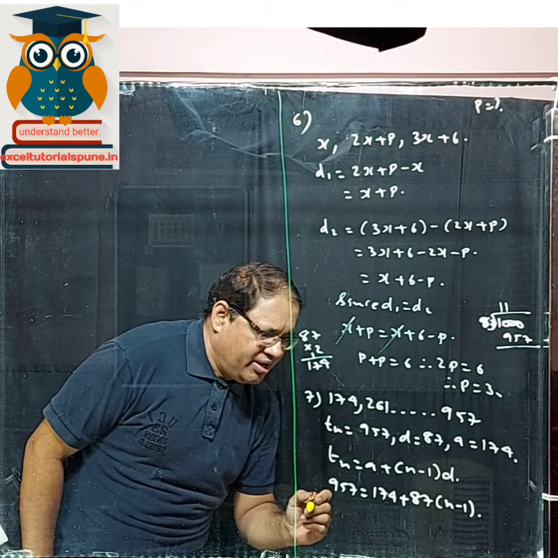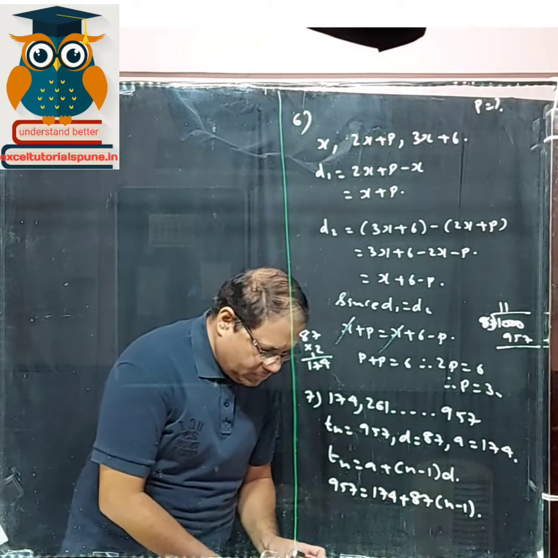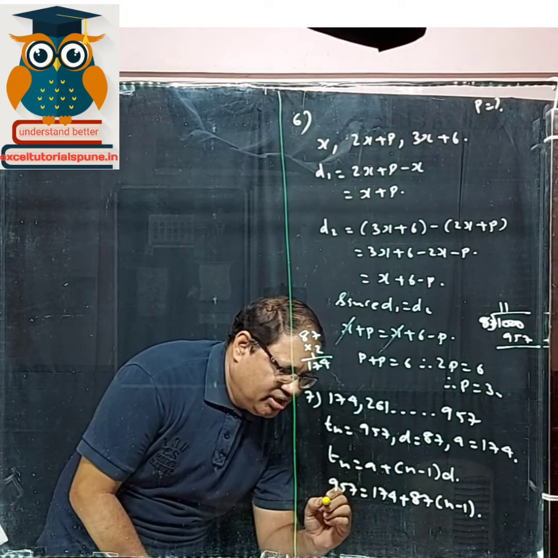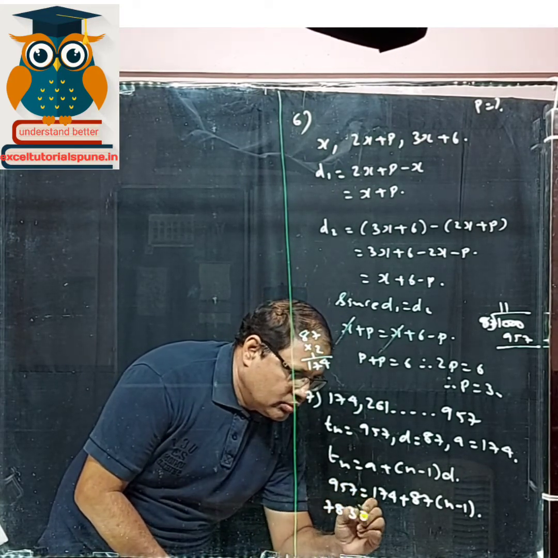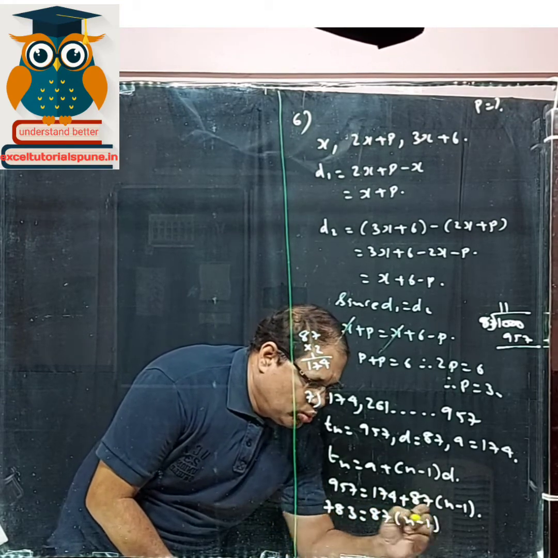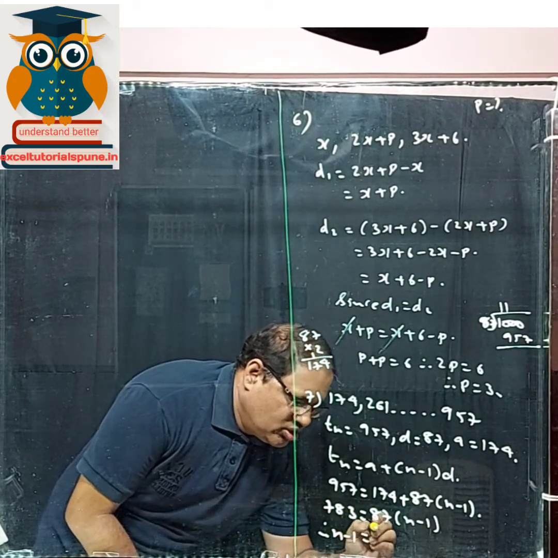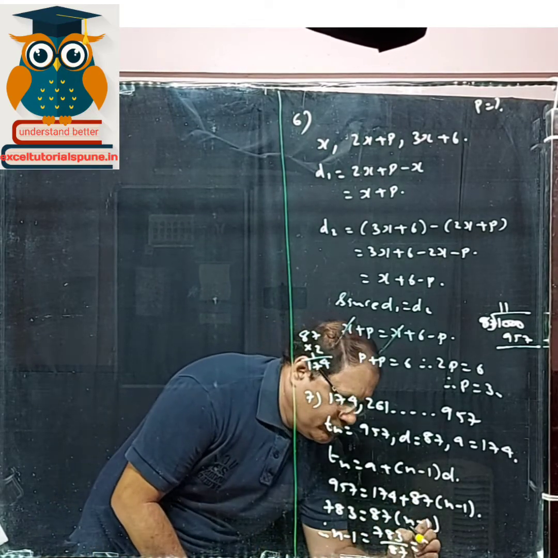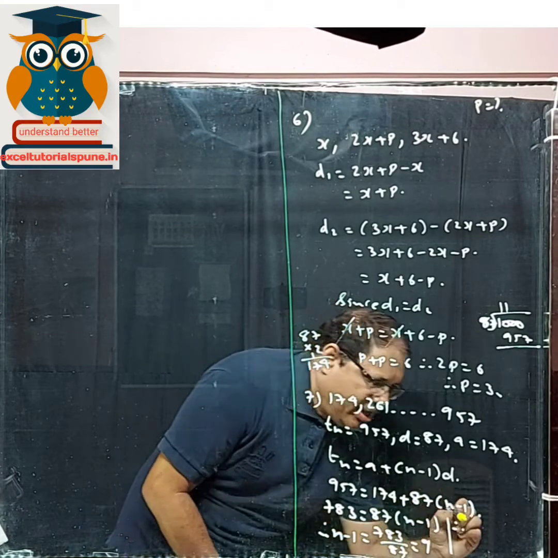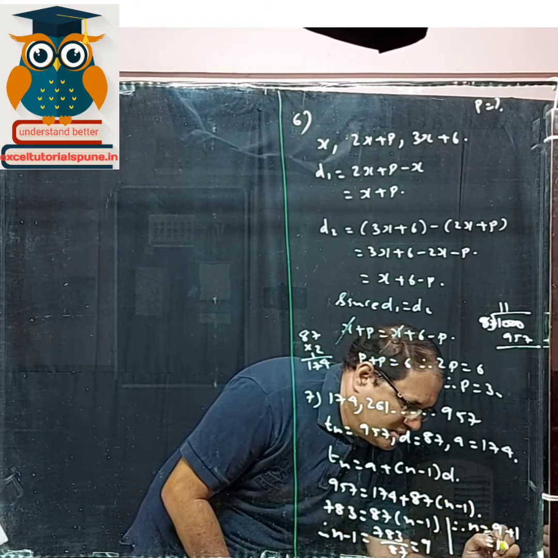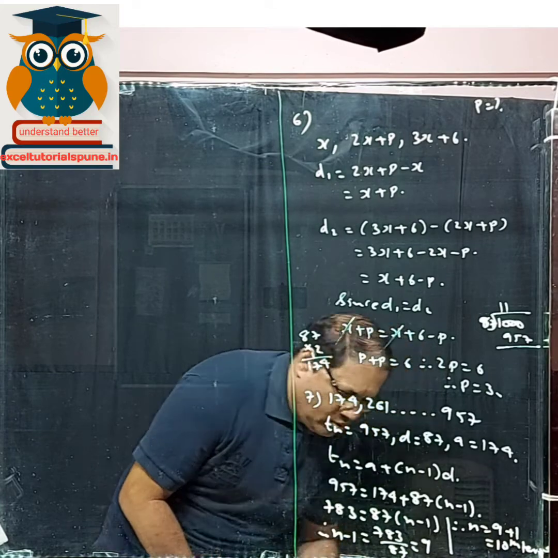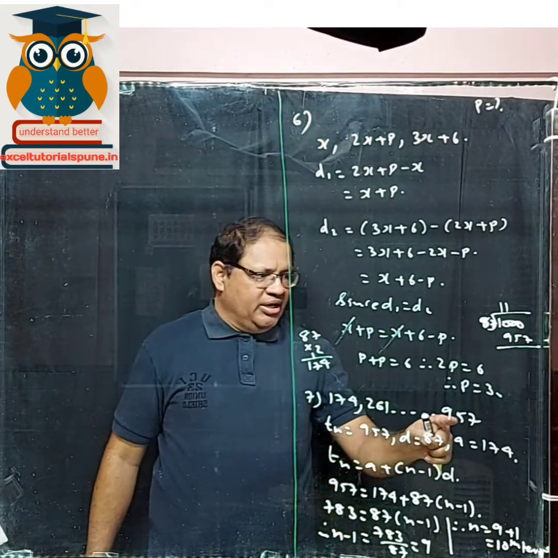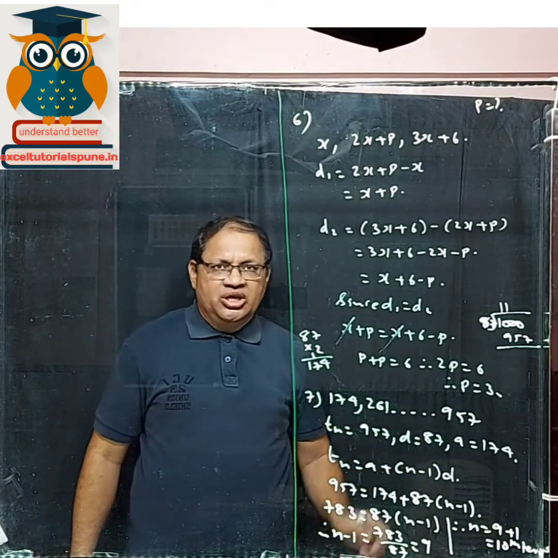So 957 minus 174, that is 783, is equal to 87 times (n minus 1). Therefore n minus 1 is equal to 783 upon 87, that is 9. Therefore n is equal to 9 plus 1, that is the 10th term. Alright, so the 10th term is 957. So the number of terms is 10.